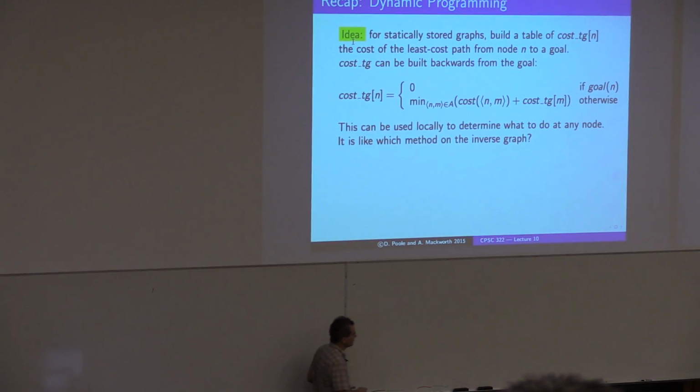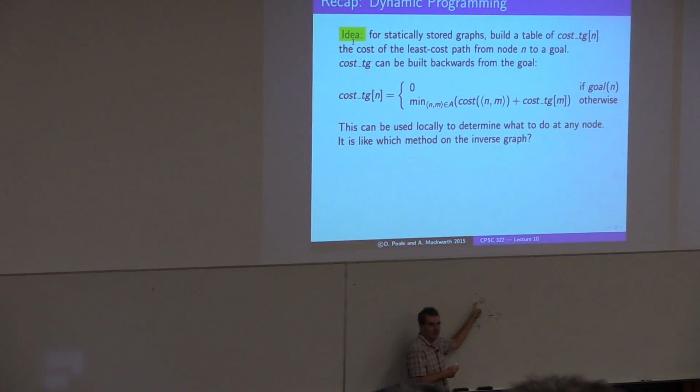Imagine having this inverse graph. We're going to search backwards from the goal. We're always trying to find the cost to go of this node. So what's it like? Yeah, so it's like least cost first search on this inverse graph.